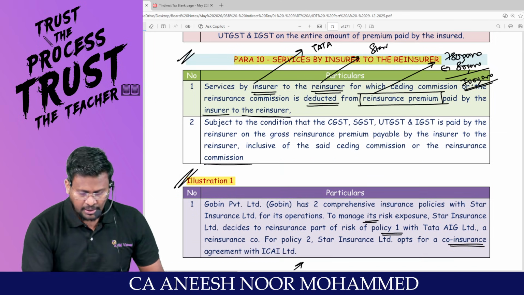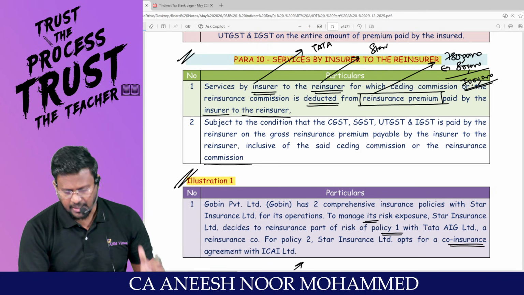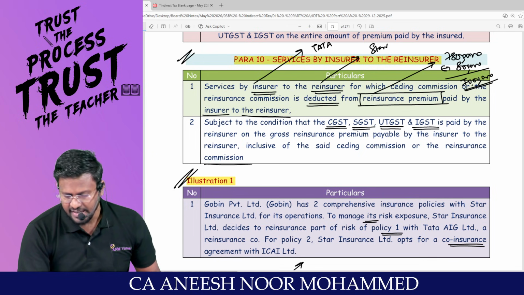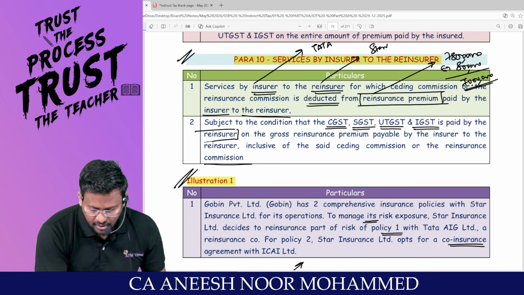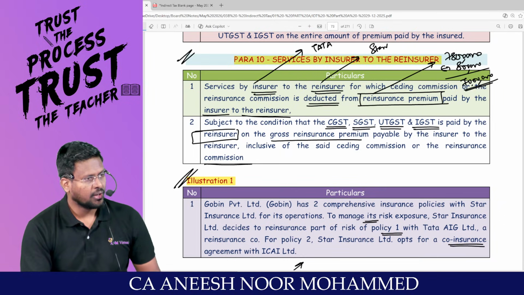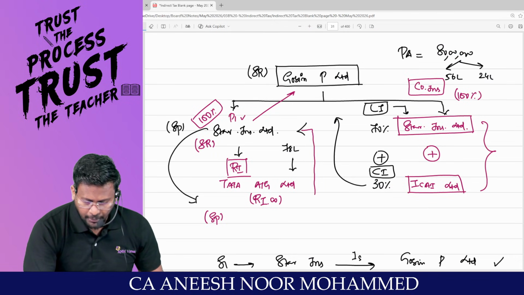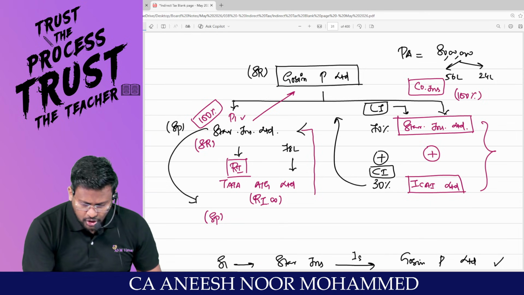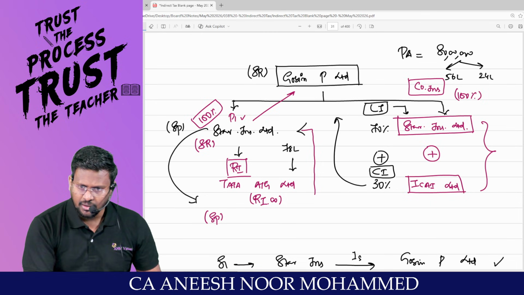Paid by the insurer to the reinsurer, subject to the condition that CGST, SGST, UTGST, IGST is paid by the reinsurer on the gross reinsurance premium. Sir, actually already Gopin took insurance service with Star Insurance. Star Insurance is again taking insurance with Tata AIG.